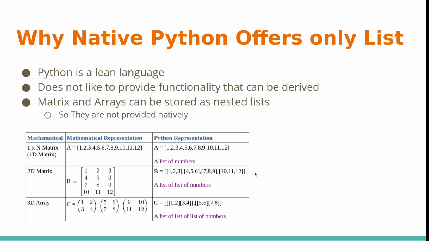A 2D matrix can be represented using a list of lists. I can extend this logic to create a 3D array. Of course, if you get into multiple dimensions, the number of nesting goes up, and as it does, it becomes somewhat difficult to keep track of these data structures.